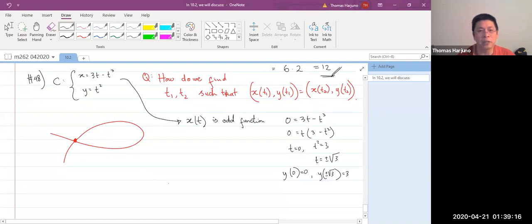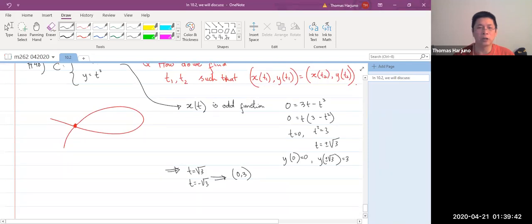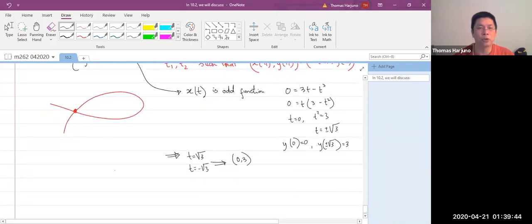From there we see that the common point is when t equals the square root of 3 and t equals negative square root of 3, whose coordinate will be (0, 3). That gives us the interval of integration, so your t will be from negative radical 3 to radical 3.